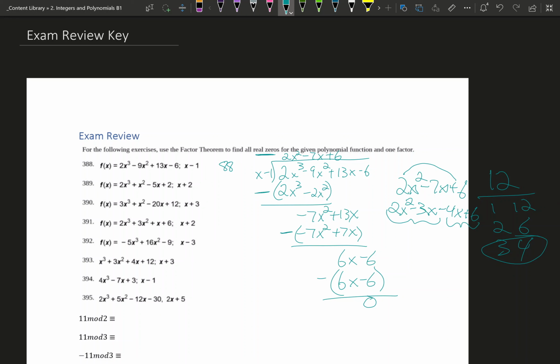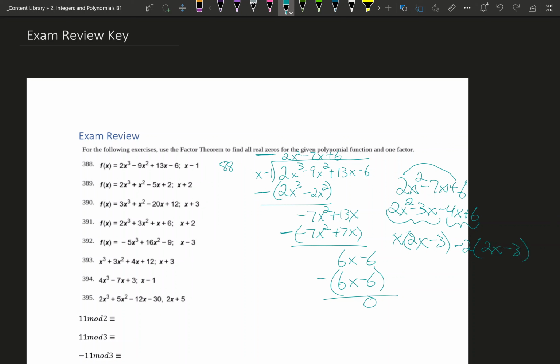In this first one, we end up with an x we can factor out, and what's left is 2x minus 3. Then in here, we can factor out a negative 2, and what's left is going to be 2x minus 3.